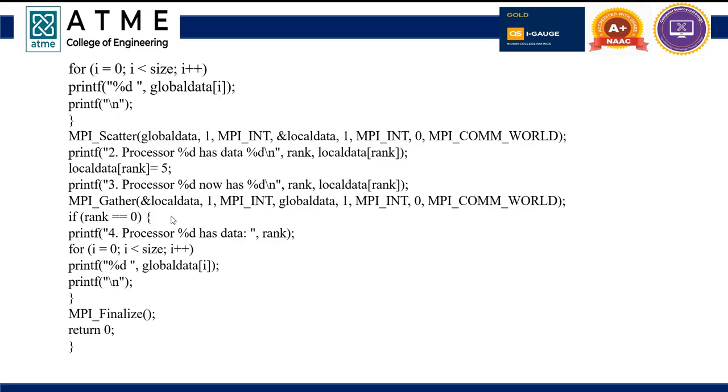This uses the address of local data, 1, MPI_INT, and global data, 1, MPI_INT, with 0 and the communicator MPI_COMM_WORLD. The root process prints the final gathered data if rank is equal to 0; otherwise it does not. Then terminate the MPI environment with MPI_Finalize and return 0.